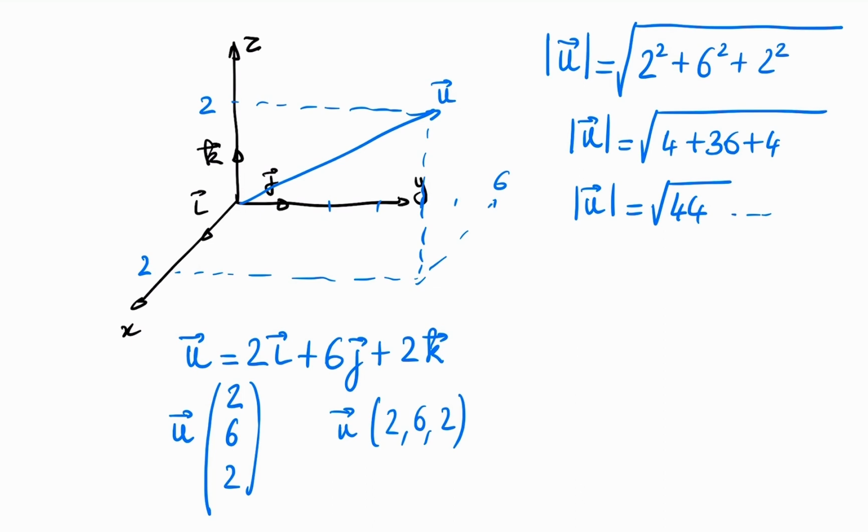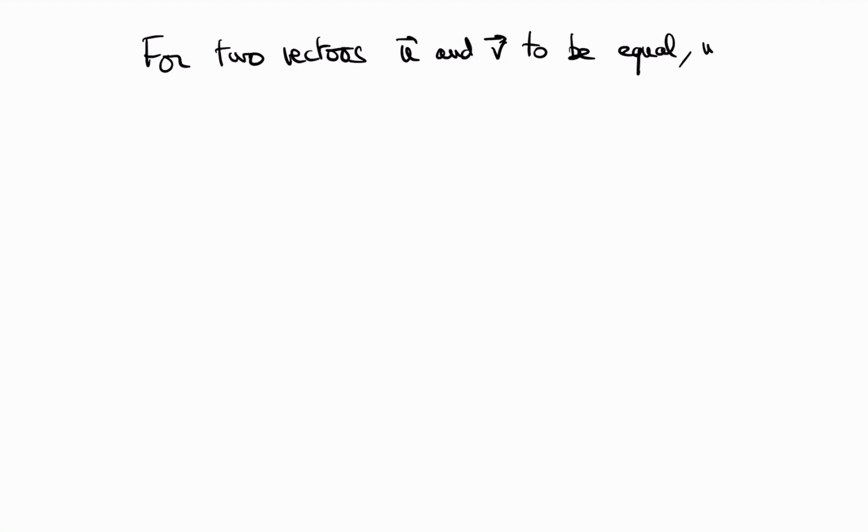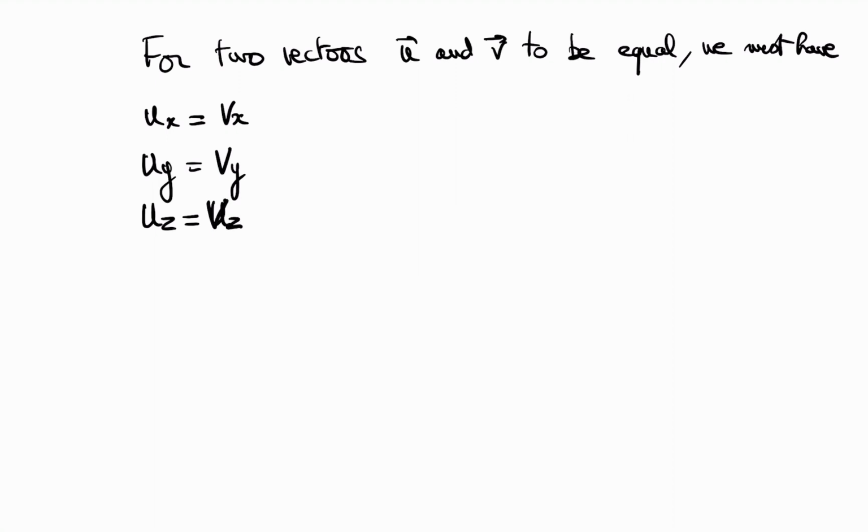Then, for two vectors u and v to be equal, we must have the x component of u the same as the x component of v, the y component of u the same as the y component of v, and the z component of u the same as the z component of v.